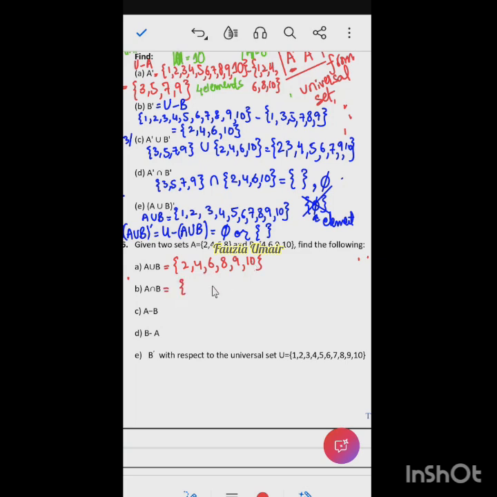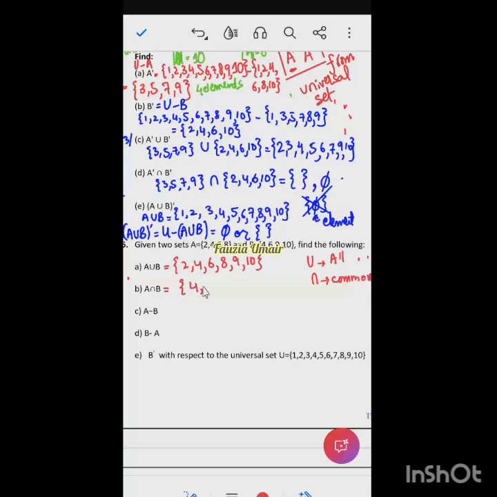What is A intersection B? Intersection is common elements. 4 and 6. 4 and 6, very good. So 4 and 6 are the common elements. So A minus B. Can you tell me, beta, what is A minus B? 2, 8. 2 and 8, right?